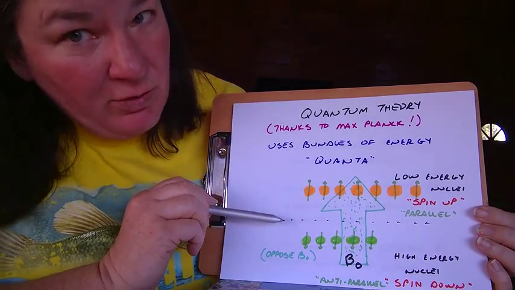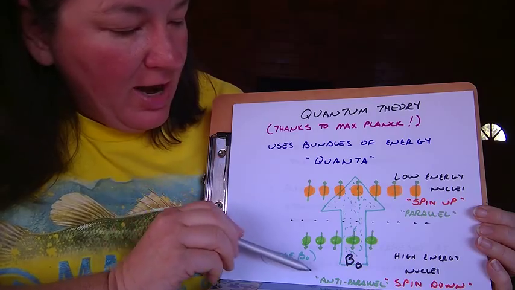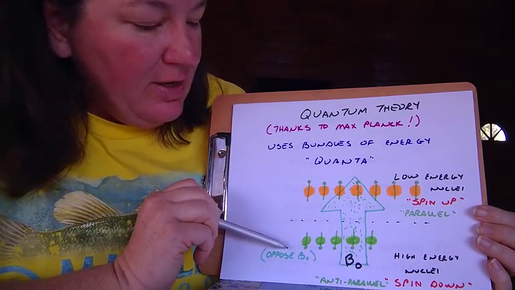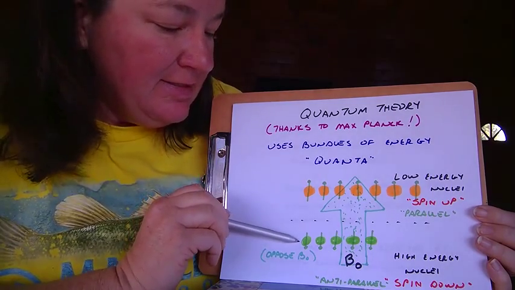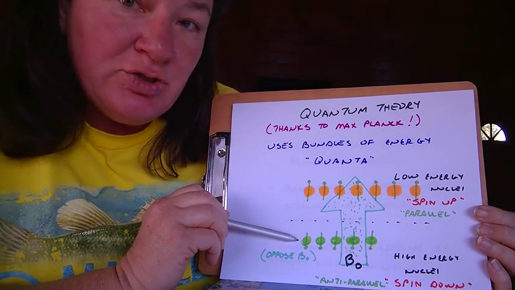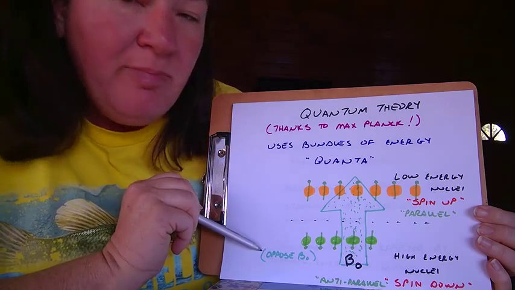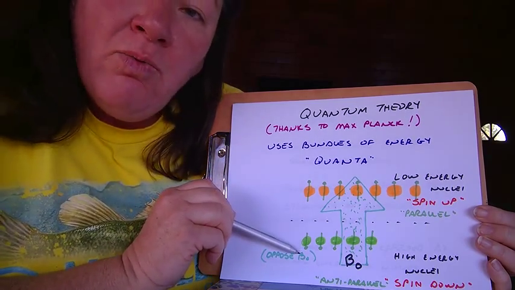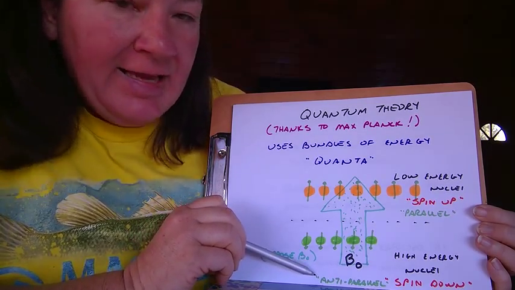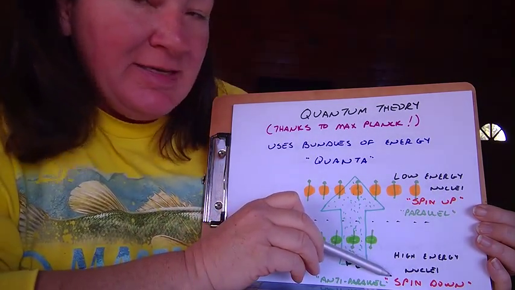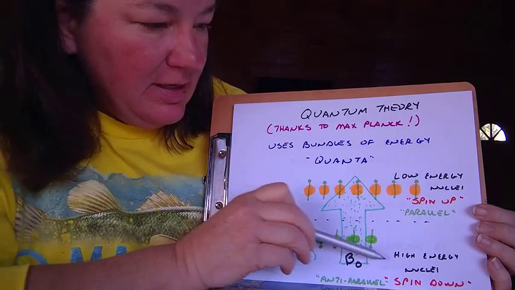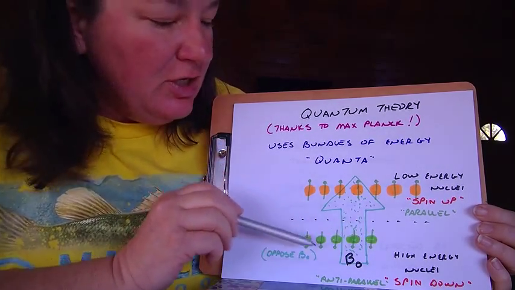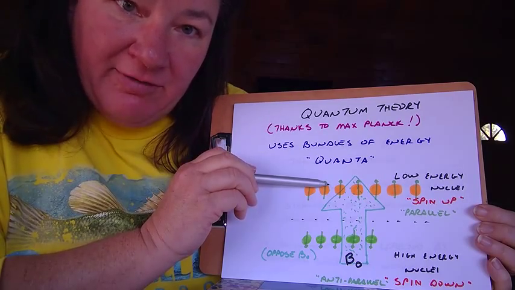Some of the nuclei don't go along with that. They are anti-parallel. They go down. This basically means that these nuclei have enough strength to oppose the external magnetic force and point away. These are called anti-parallel, spin down, and they are high energy because they have enough energy to oppose this magnetic force.